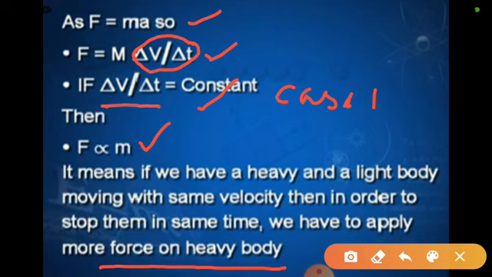For example, if you consider a car and a bicycle and want to stop the two objects in the same time, you have to apply more force to stop the car as compared to the bicycle. So from this case, you can conclude that to stop a heavy body, more force is required as compared to a light body.